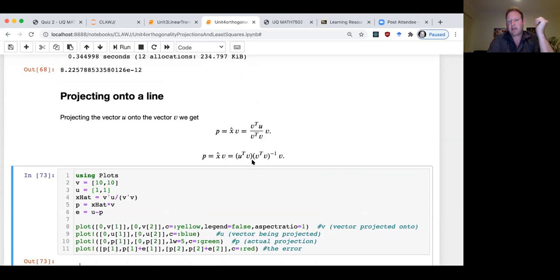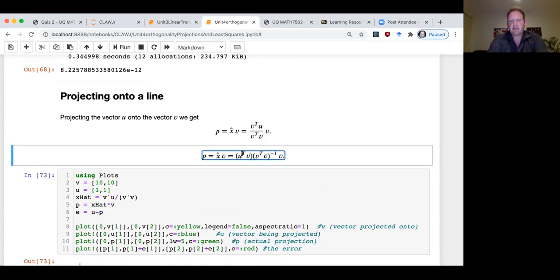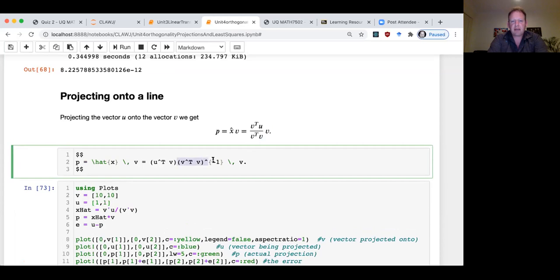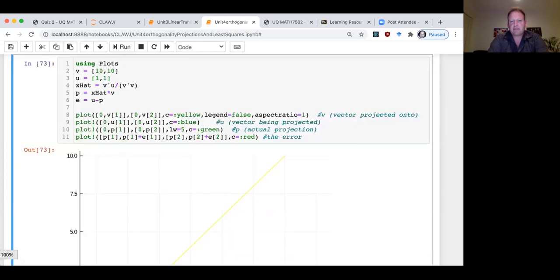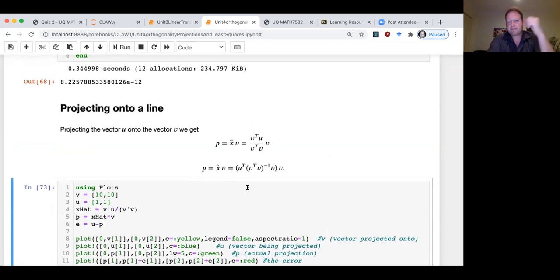And I could have also, if I'd like, taken this scalar and stuck it inside. I'm allowed to do this because it's a scalar.